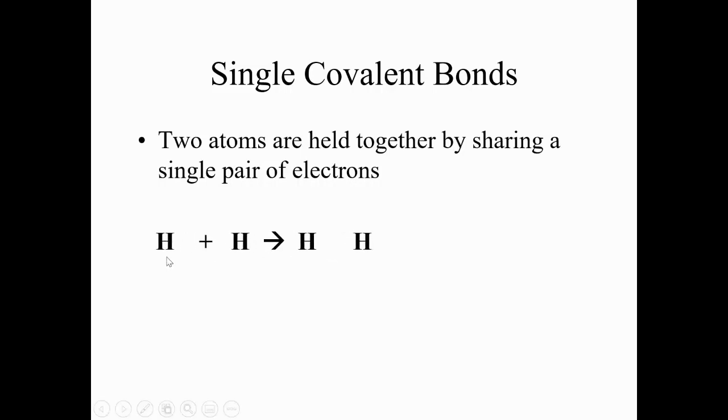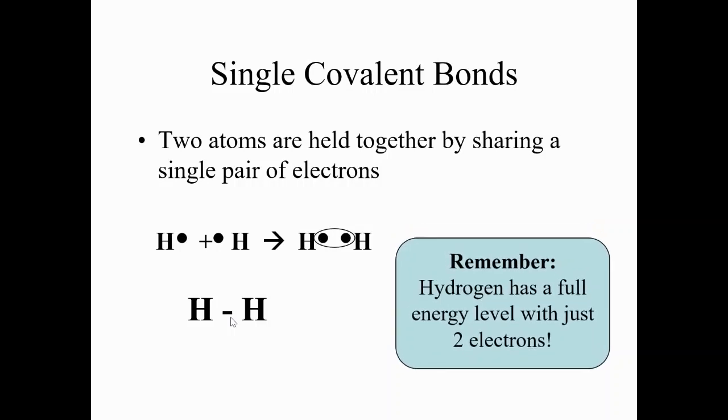So here we're showing hydrogen and hydrogen, and when they bond, hydrogen has one valence electron, and hydrogen has one valence electron, so they bond so that they have two. Hydrogen has a full energy level with just two electrons, because in that first circle of electrons, there's only two. So that's stable now.